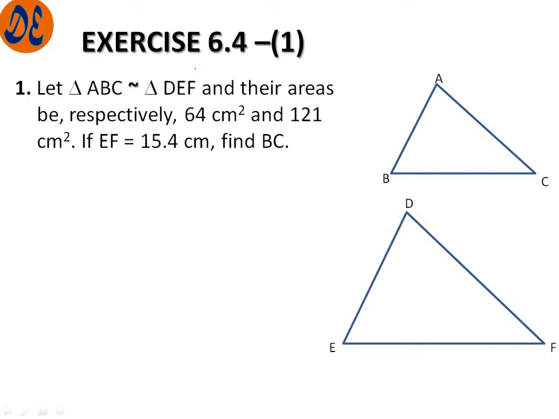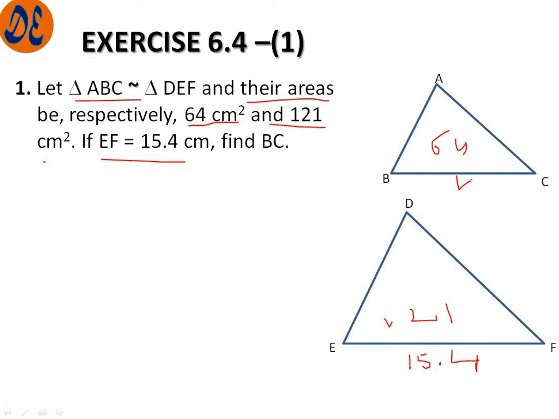Let ABC and DEF be two similar triangles, and their areas be respectively 64 centimeter square and 121 centimeter square. Again EF is 15.4. So we have to find BC.